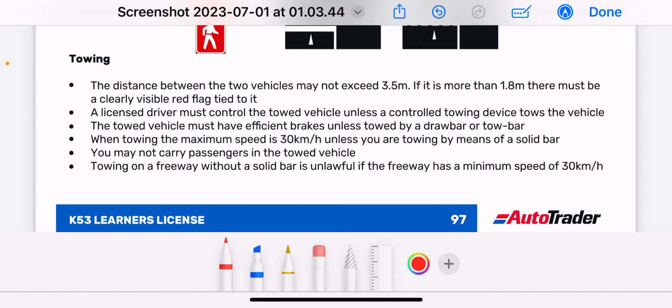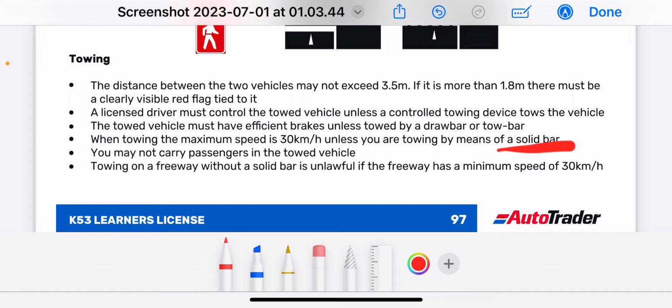And then the towed vehicle must have efficient brakes unless towed by a drawbar or tow bar. When towing, the maximum speed is 30 kilometers per hour unless you are towing by means of a solid bar. You may not carry passengers in the towed vehicle.